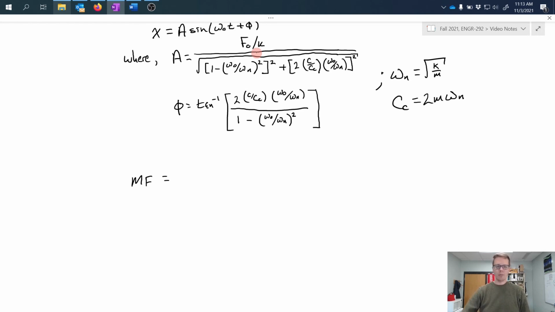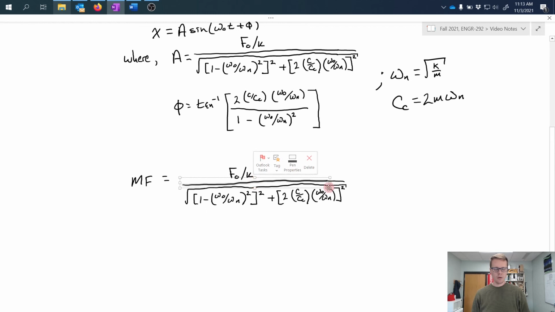So basically we need to pull out the denominator of our equation for A. I'm actually just going to copy that to save us a little time. I'm only looking now for the rest of this term, so I'm going to take out the force. And therefore the magnification factor looks something like that.